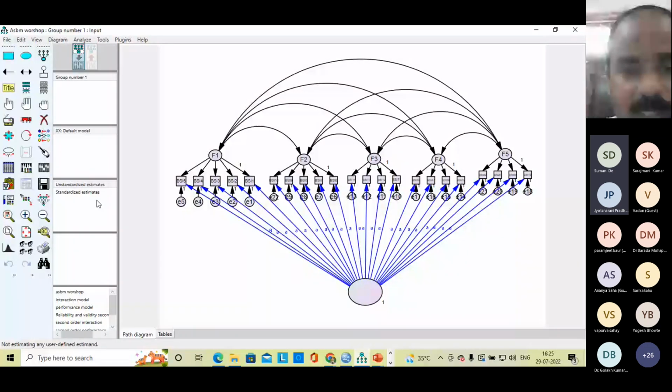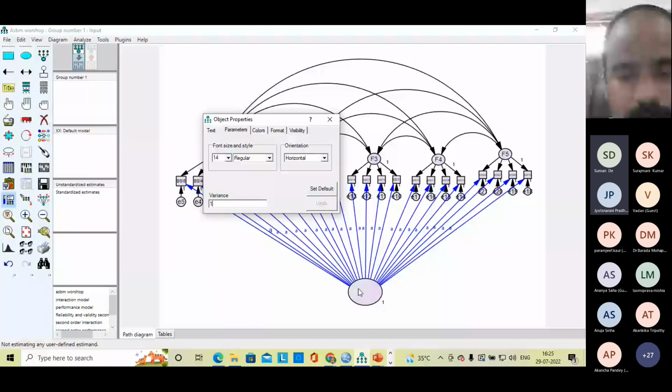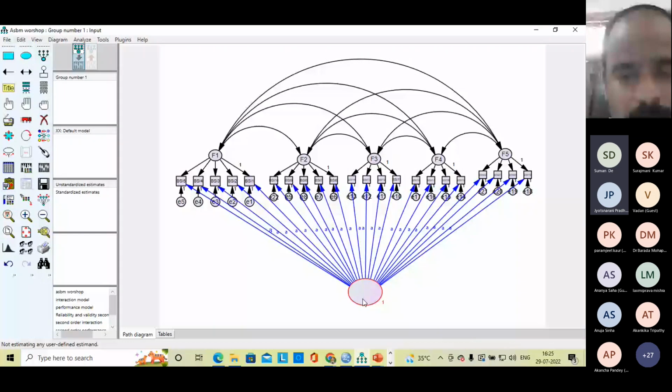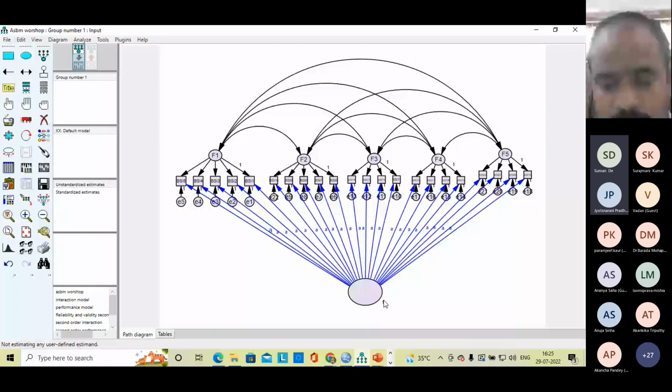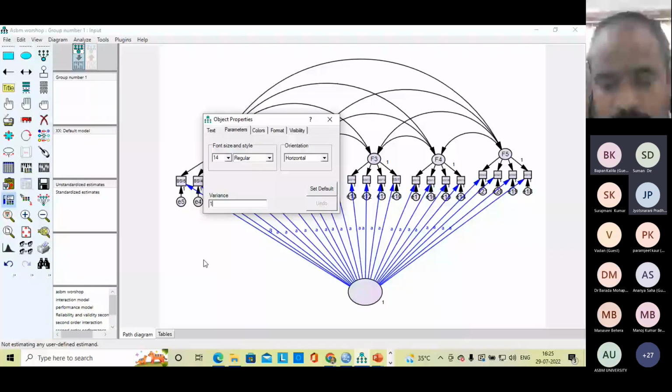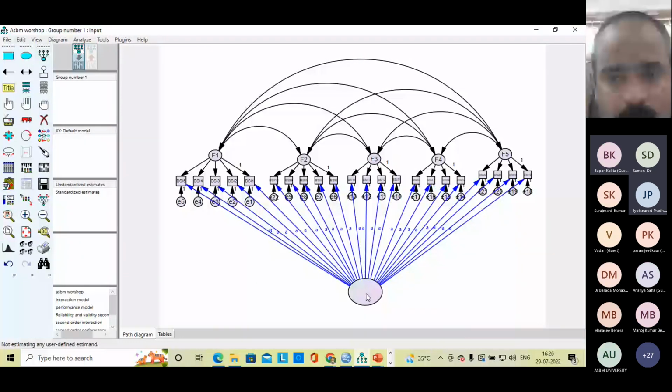Sir, the new latent variable has not been named. Yes. Thank you.